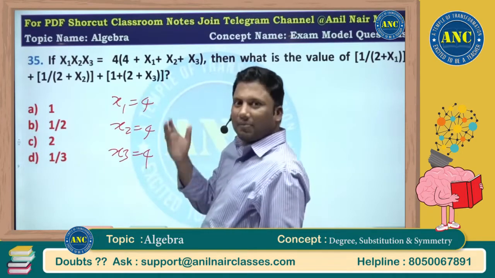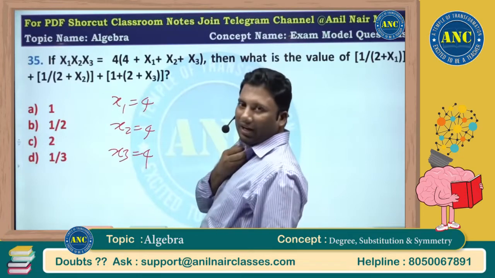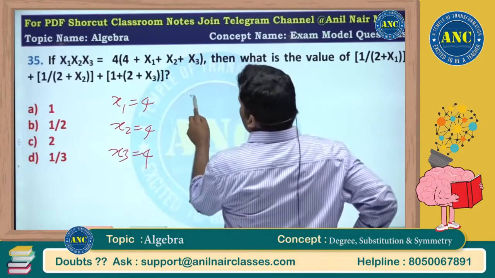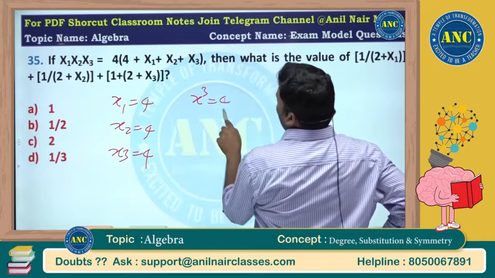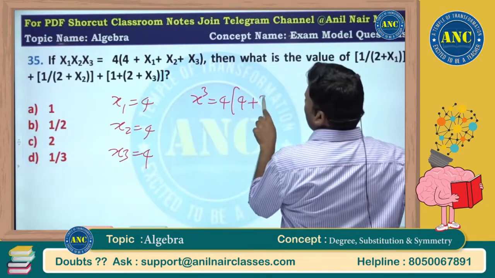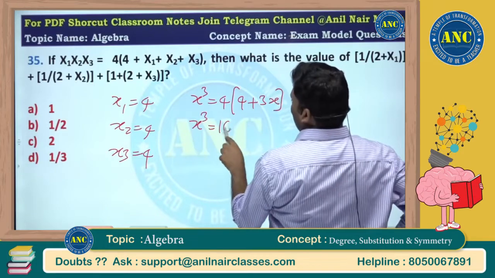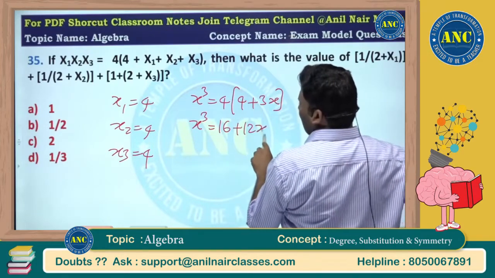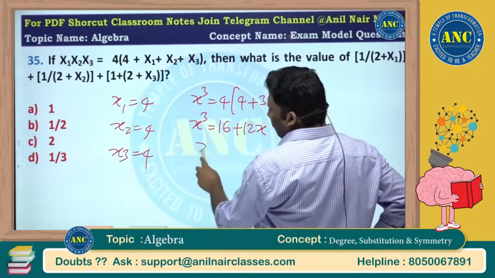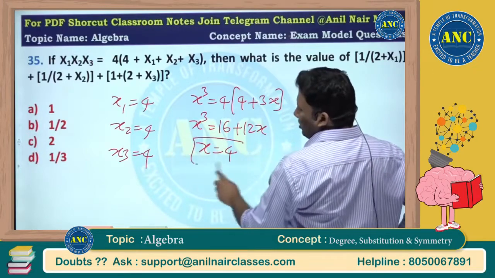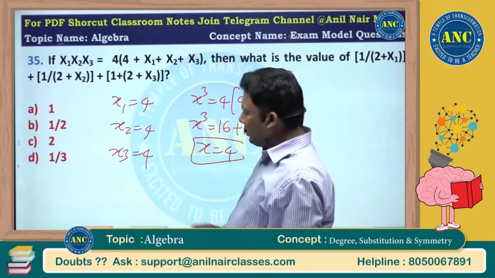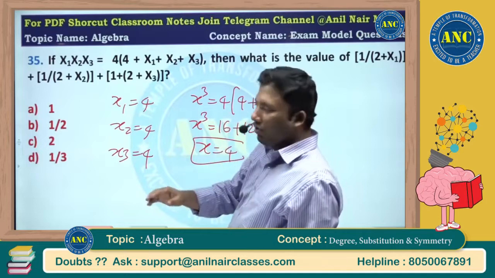Symmetric function, right? I will make all of them equal. Then x cube equivalent to 4 into 4 plus 3x, so x cube equivalent to 16 plus 12x. X is 4 only, right? 4 cube is 64. 48 plus 16, 64. Make all of them 4, 4, 4.